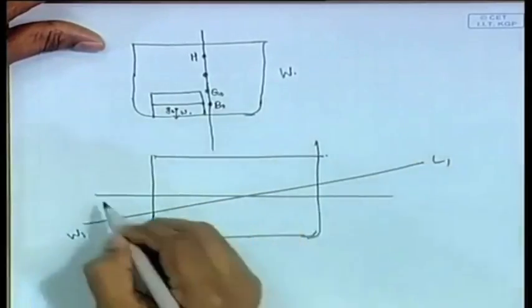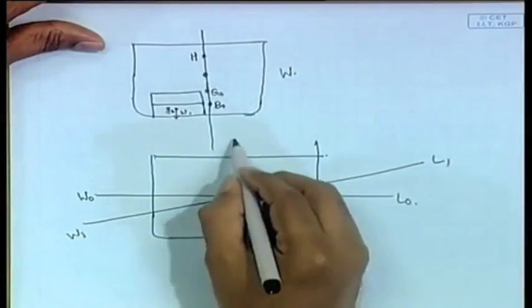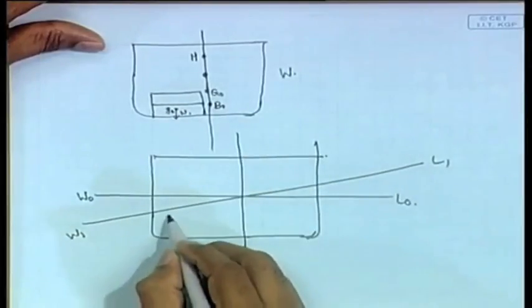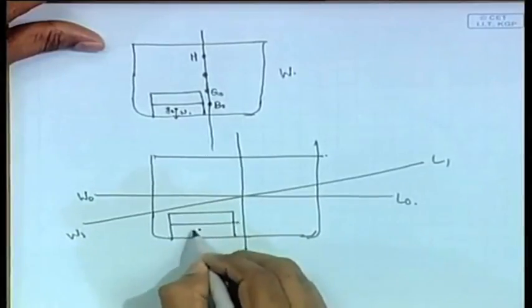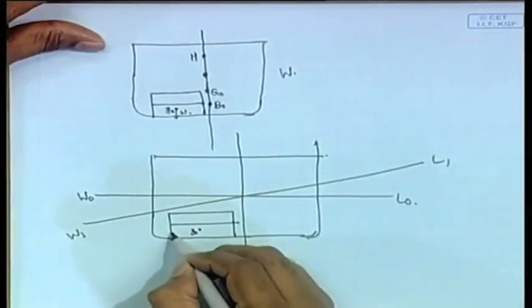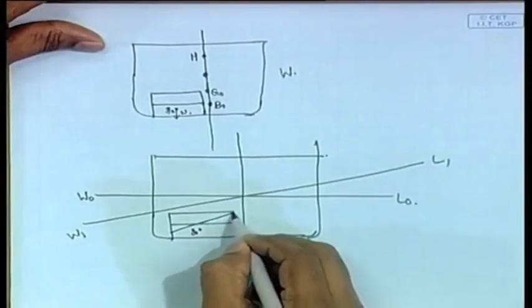W1 L1, this is W0 L0. Now, initially, here you have this tank, it has its g0, and now, because of that inclination, this is like this now.